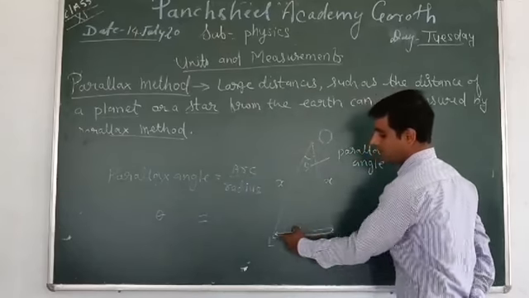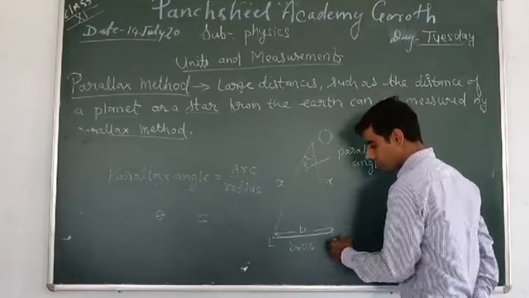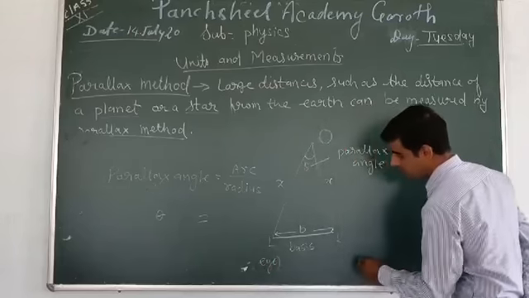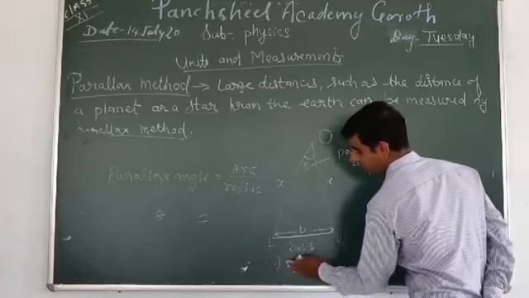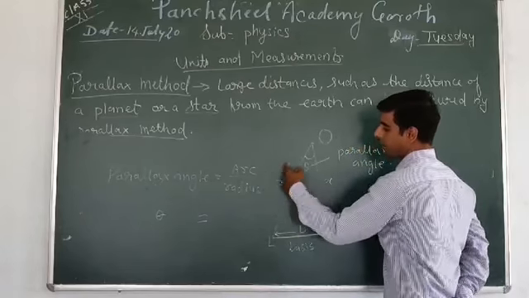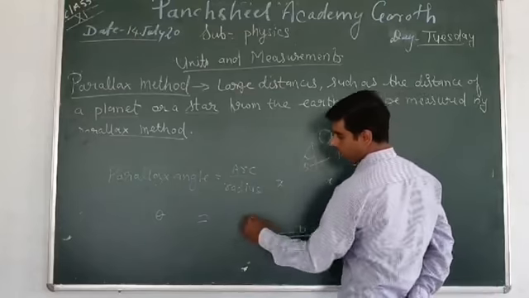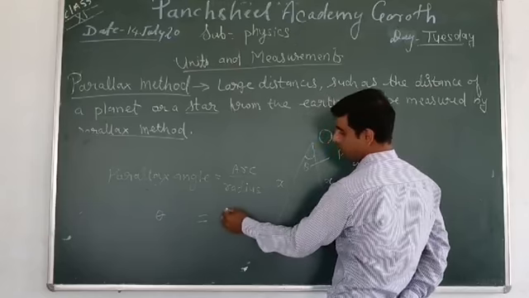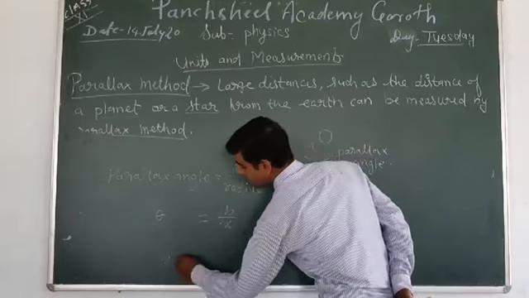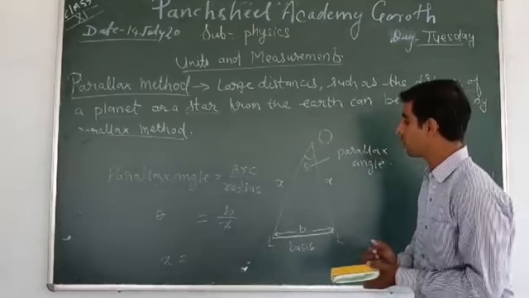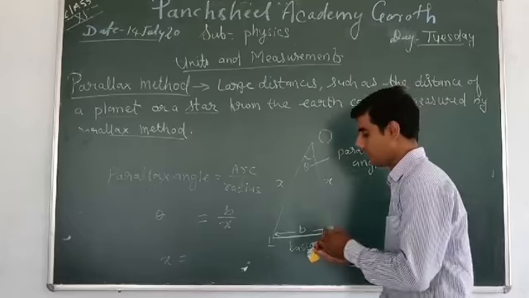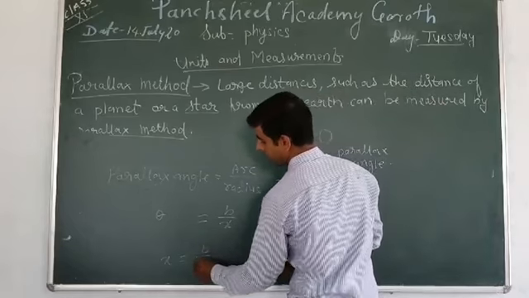If I take the distance between the left eye L and right eye R as B, and this is the radius x, then theta equals B upon X. If I want to know the distance between the object and my eye, x is calculated from B upon theta.